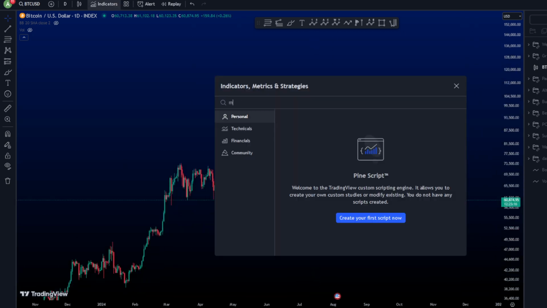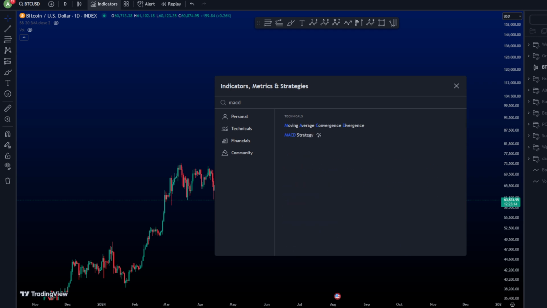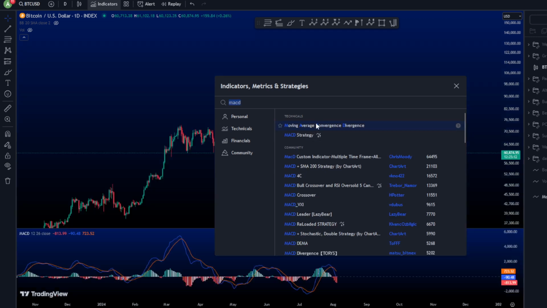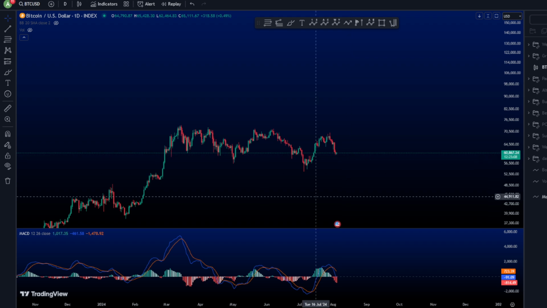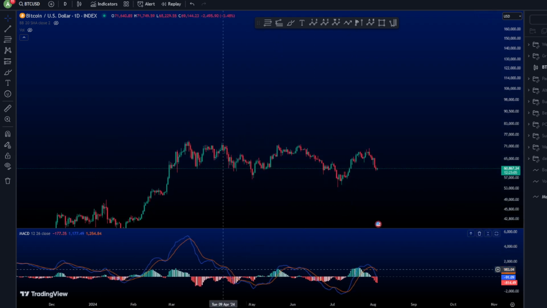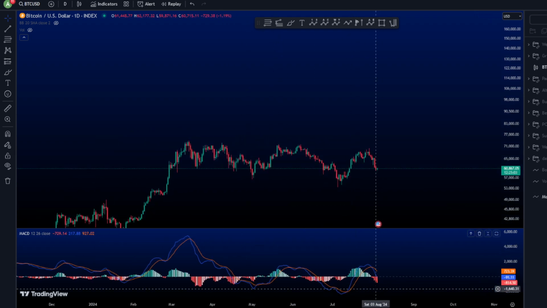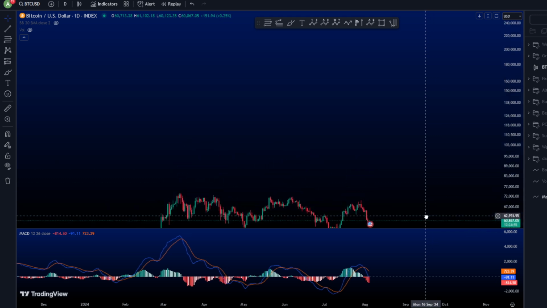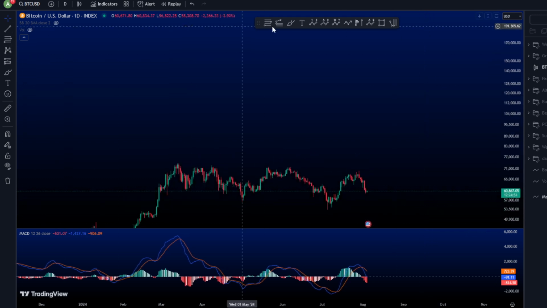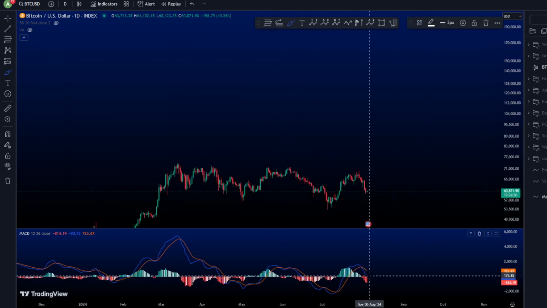So if you look also at the MACD indicator, we can see exactly that the volume of the sellers is growing, and it's still in very red color. However, the lines of the trend are still over the midpoint.